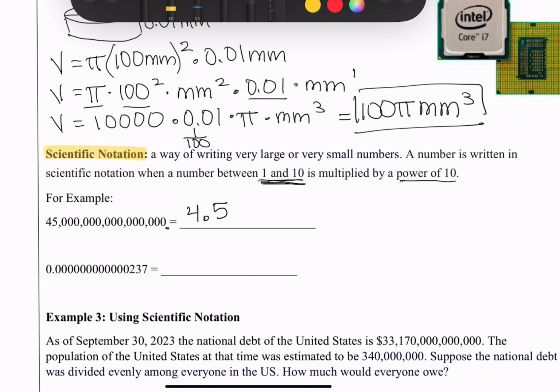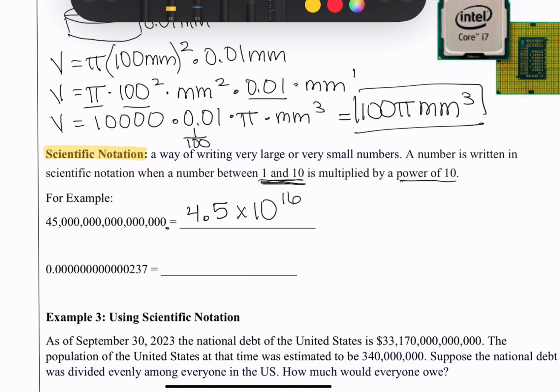How many spaces did I have to move it to the left to make that a 4.5? If you count, I've got 3, 6, 9, 12, 15. I moved it 16 spaces to the left. So in order to make 4.5 back into this giant number, I would have to multiply it by 10 to the 16th power.